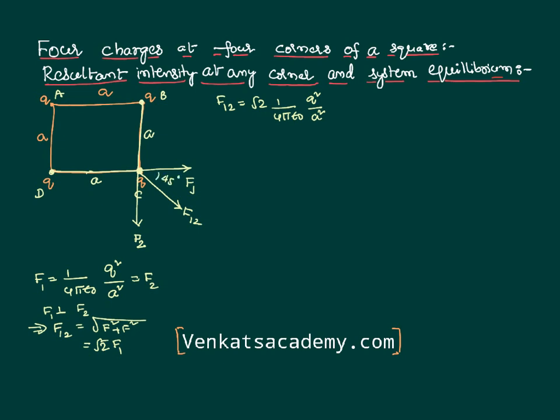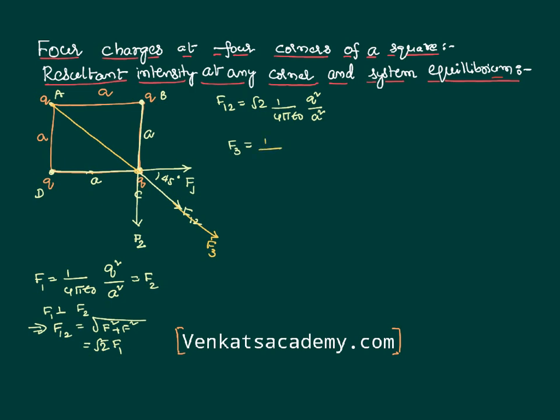Now I want to calculate what F3 is. On the charge at the corner C, the charge at the corner A also applies a force. What kind of force? Let us try to identify. Both are positive charges, so this is the direction of F3 because it is a repulsive force. If this is a, this distance becomes automatically root 2 times a.